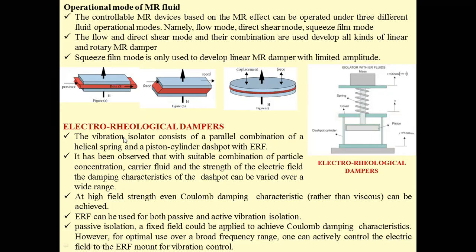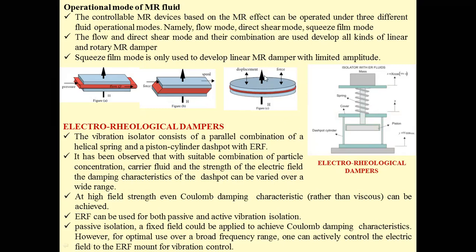Now, for the use of ER fluid and MR fluid, for example, this is one diagram of a suspension system which consists of electrorheological fluid. So this system is an electrorheological damper.